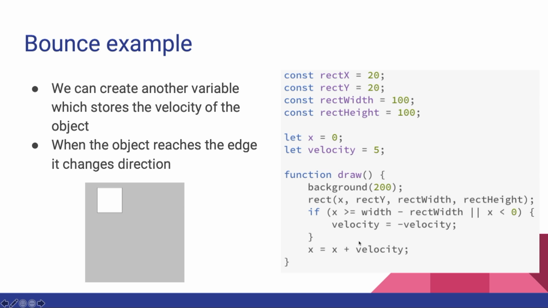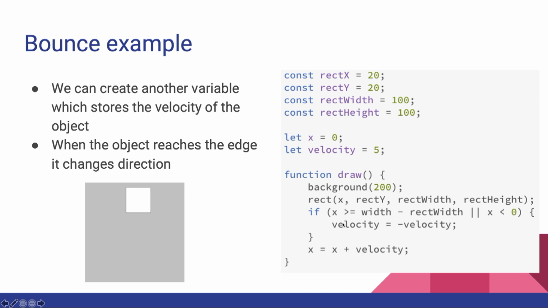Okay, so then we have this bounce example. What we're doing here is we're making the increment value actually something which is a variable itself. So if our rectangle reaches the right or the left, you'll see that the increment value, which we'll call velocity, which is another word for speed but with direction, is flipped to its negative.